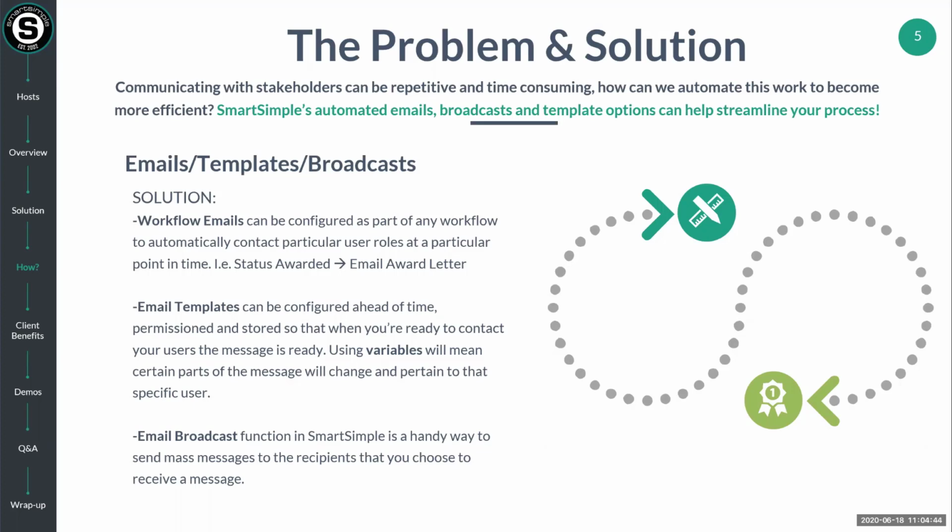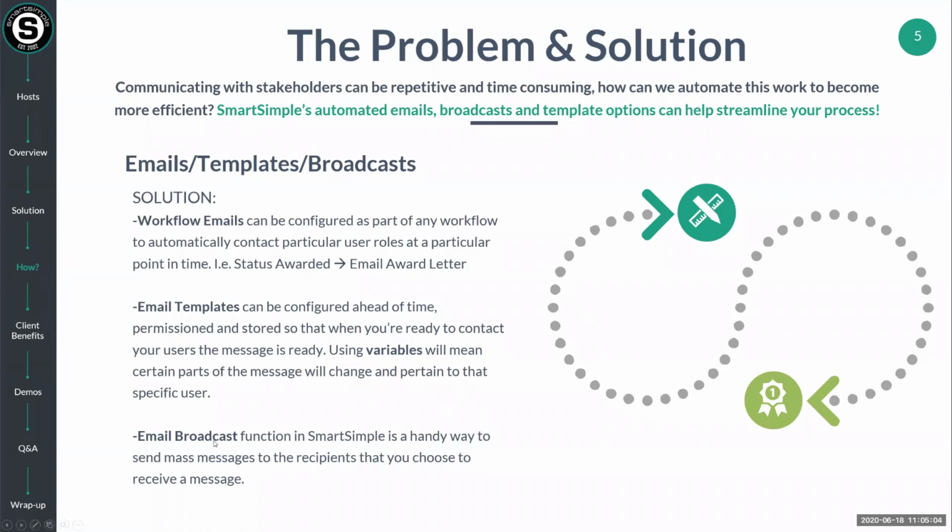Congratulations," signed, and then maybe a variable for the signature. That means you can still personalize your emails, but really speed up the way that you're contacting everybody, without having to go individually and edit each person's email.